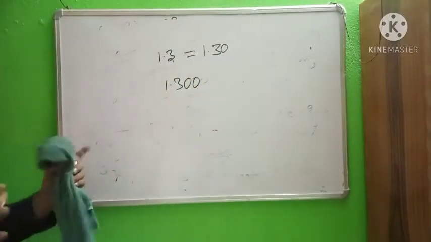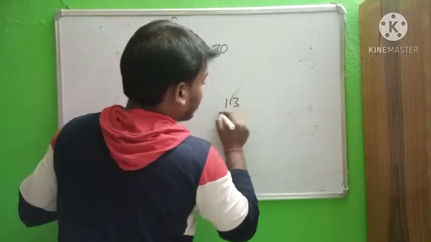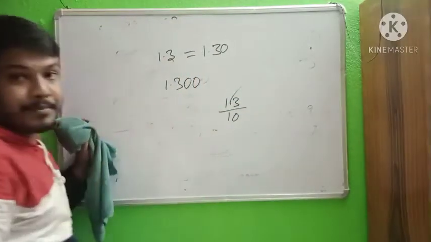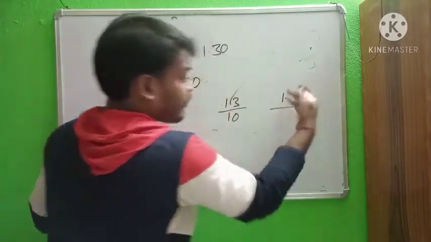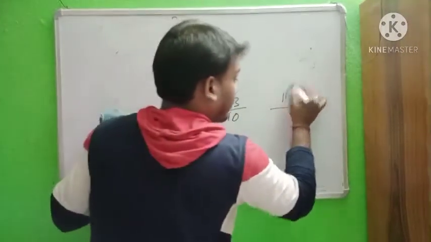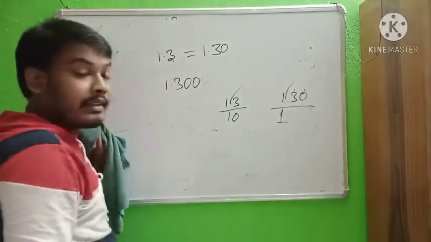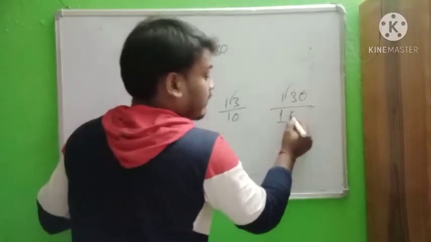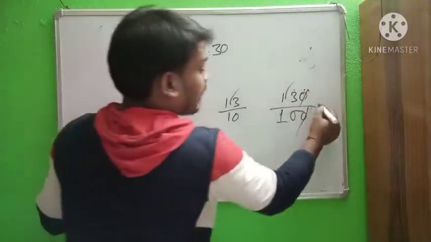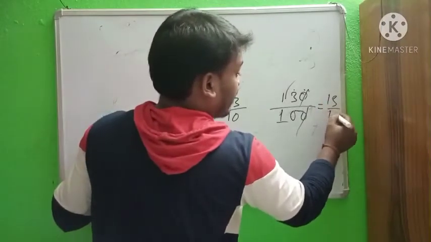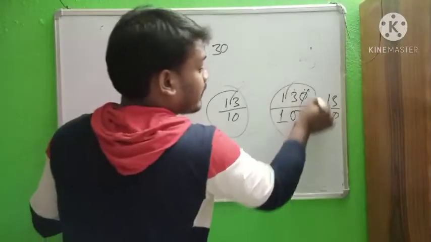What is the reason? For 1.3, if we remove the decimal it becomes 13 by 10. For 1.30, if we convert into a fraction, we remove the decimal, take 1 and the 2 digits after the decimal, so 2 zeros, and the common zero cuts, then it becomes 13 by 10. So the value of this one is 13 by 10, and the value of this one is also 13 by 10.